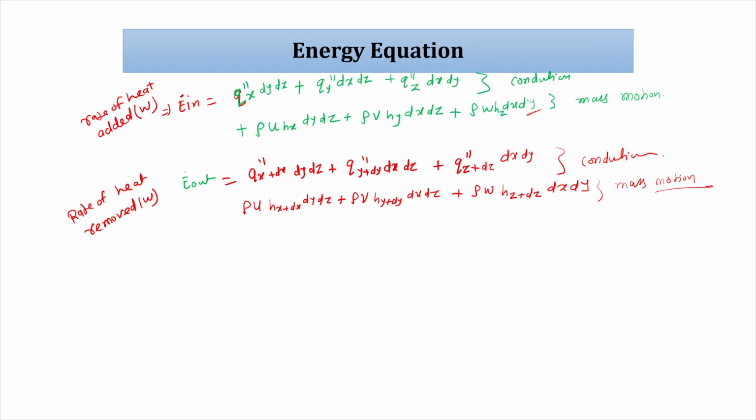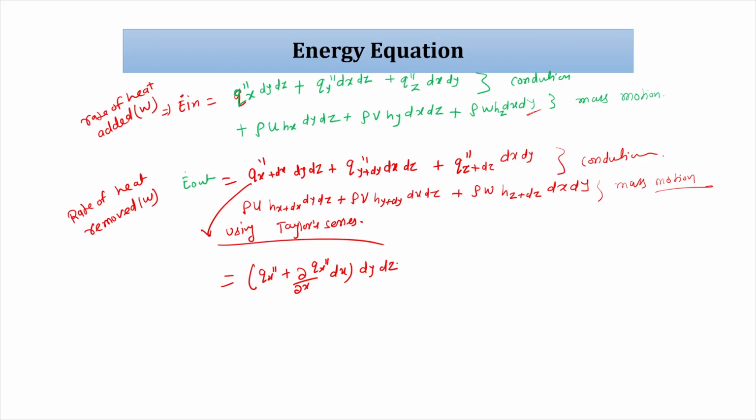Out has very complex terms like q x plus dx double dash, so you have to split that into a simple form. We can do this using Taylor series. Using Taylor series, we can write q x double dash plus del q x double dash by del x dx into dy into dz.